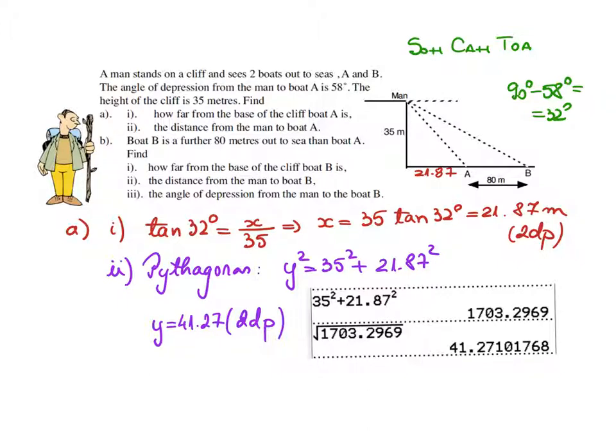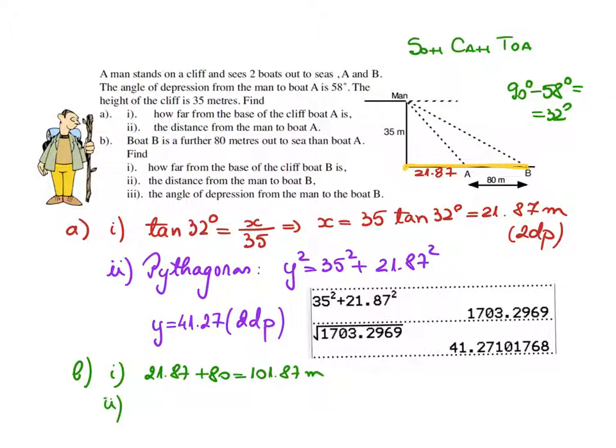How far from the base of the cliff is boat B? So I must find this distance. And I can see that the distance will be 21.87 plus 80. So it's 101.87 meters.